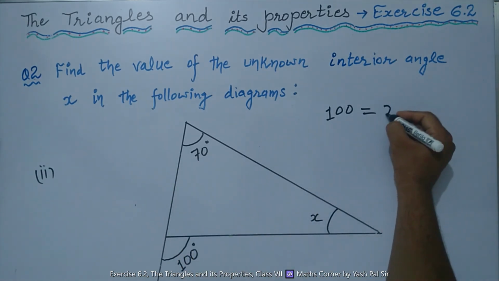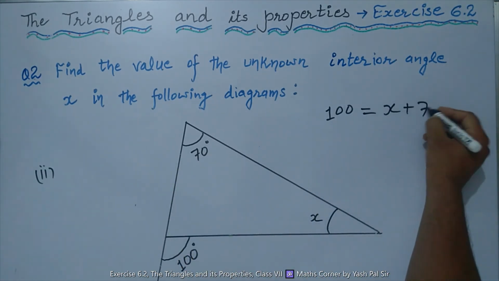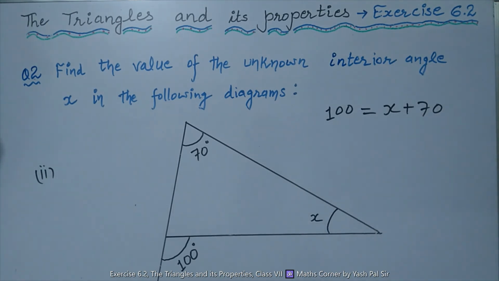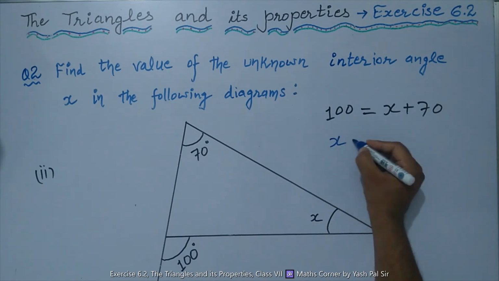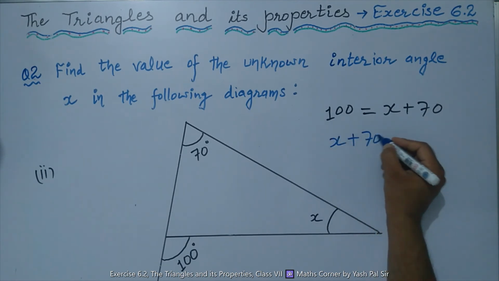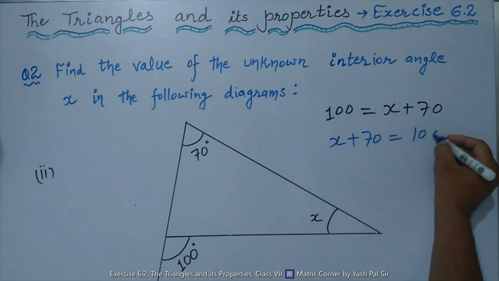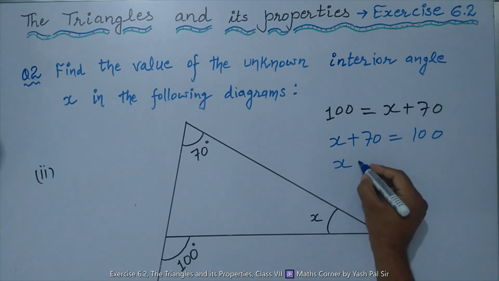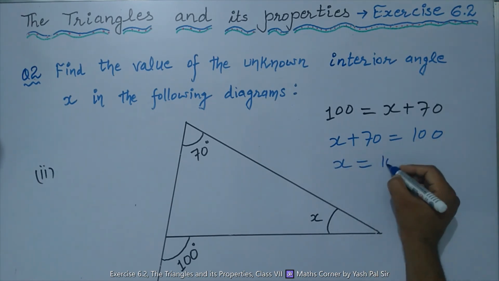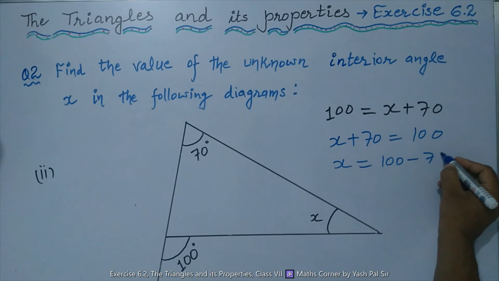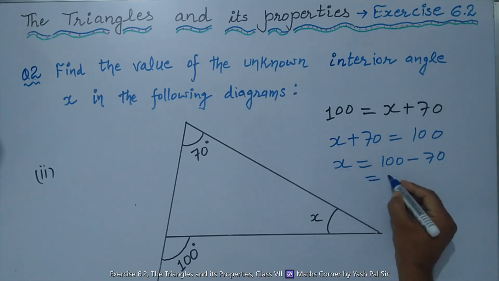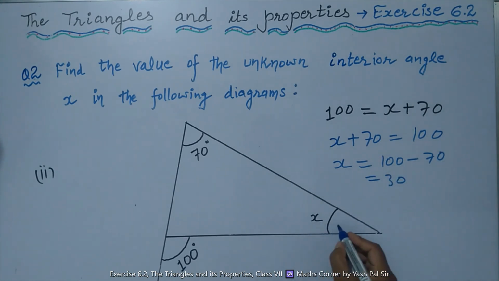What are the interior angles? x plus 70 degrees. So we write x plus 70 is equal to 100. This way the value of x becomes 100 minus 70, that means 30 degrees. So the value of x is 30 degrees.